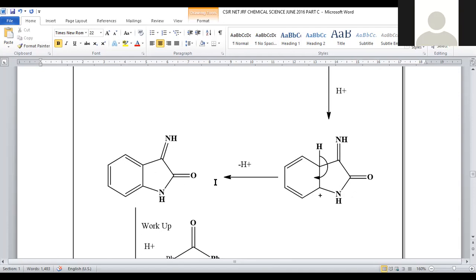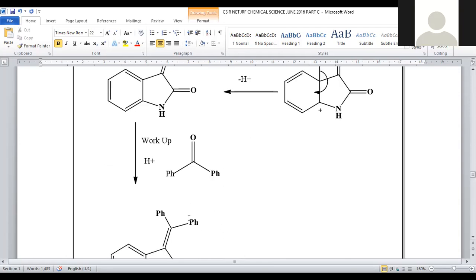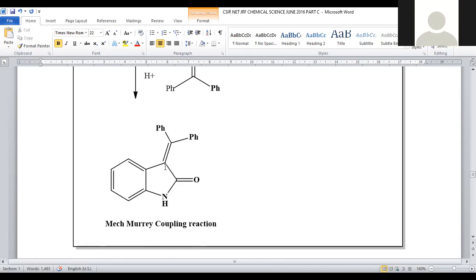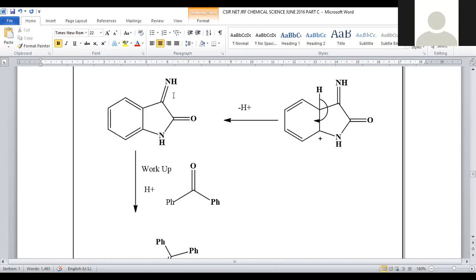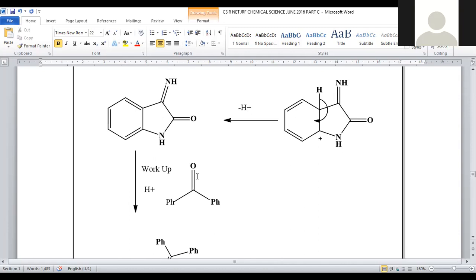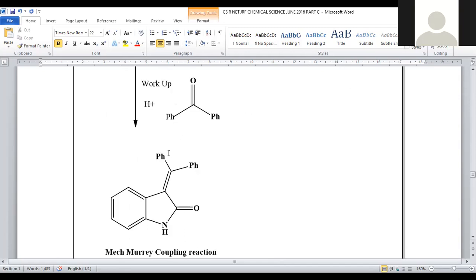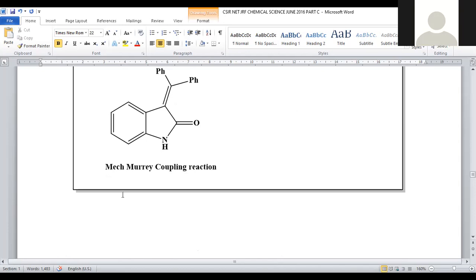Here we got an imine and a double bond O system. Upon workup with benzophenone, treating with this benzophenone, it condenses with this imine functional group so that a double bond is generated, because from here we can remove a water molecule, and a condensed product formation is possible.